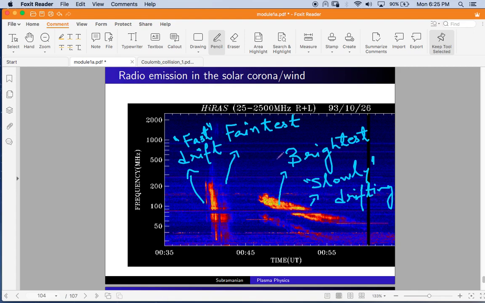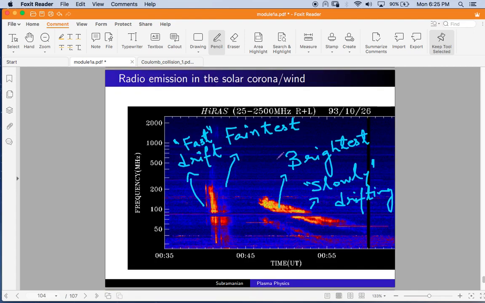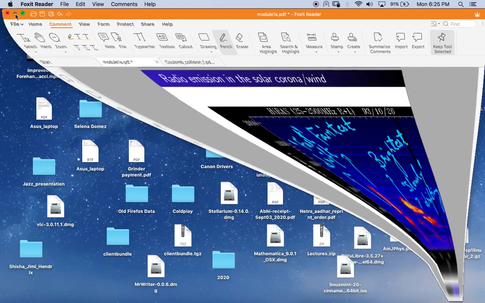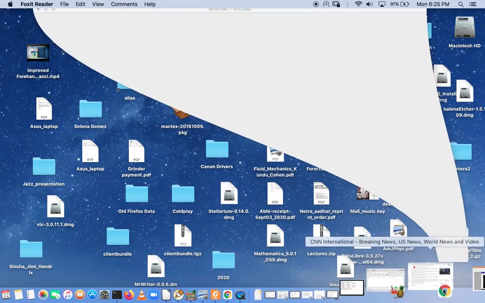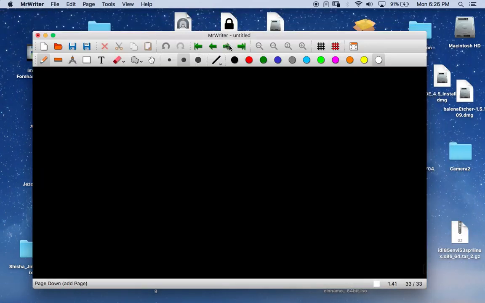Now we'll come to the interpretation. Remember that the plasma frequency is proportional to the square root of the density.